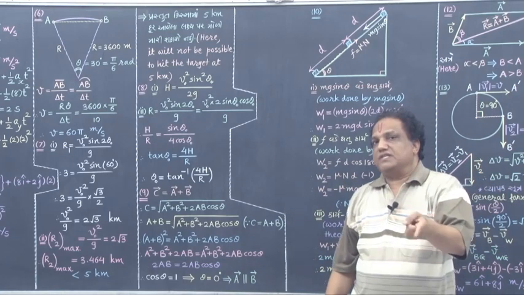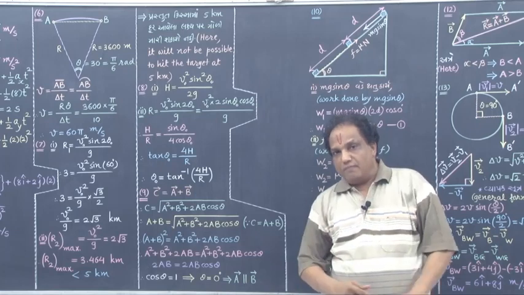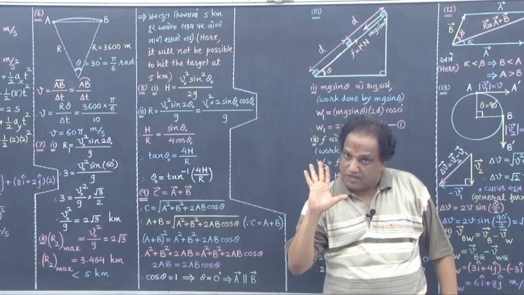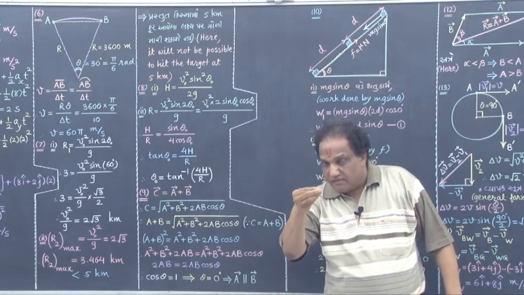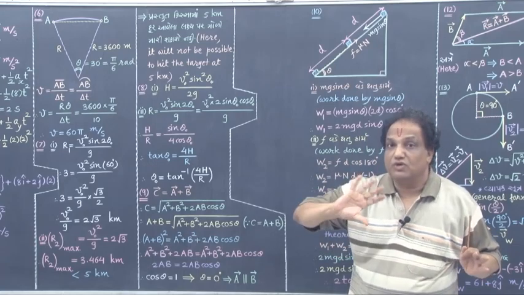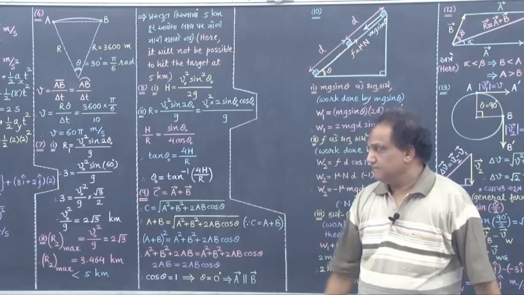And if you get theta equal to 90 degrees, it means both the given vectors are mutually perpendicular. So by finding the value of the angle, we can find out the alignment of two given vectors with respect to each other, correct?